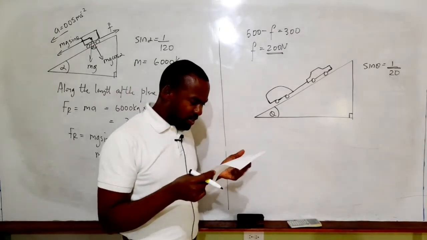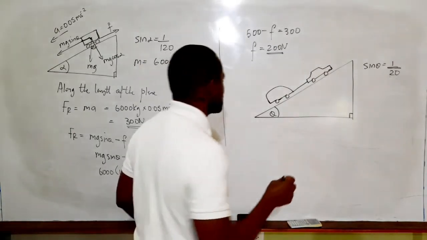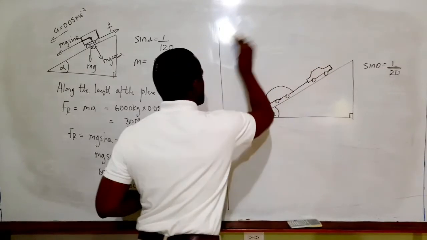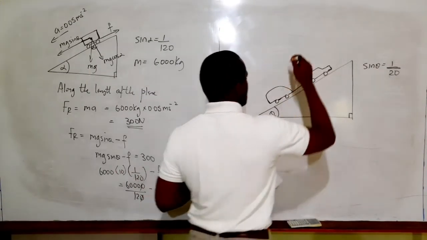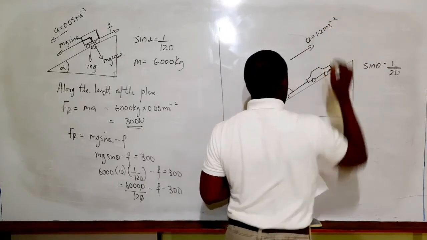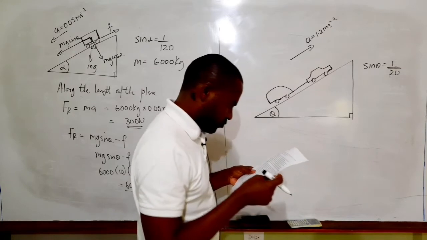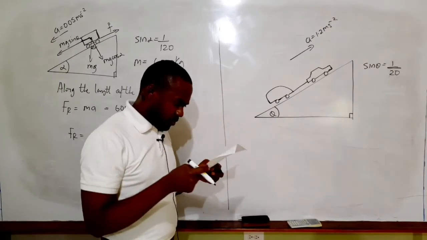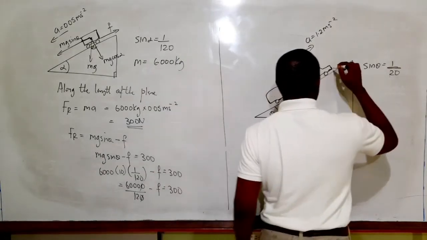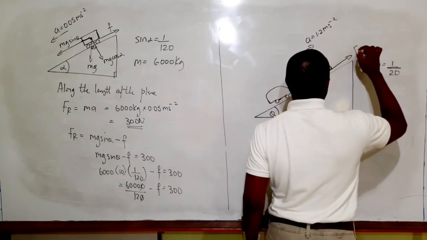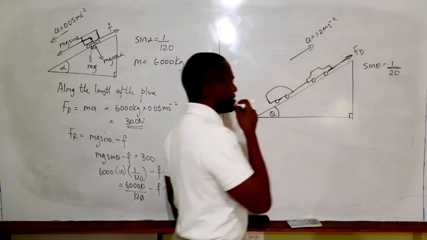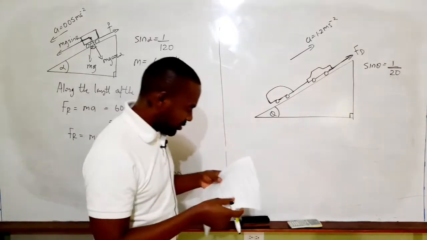So what are we told again? We're told the combination has an acceleration of 1.2 meters per second squared. So there is an acceleration up the slope, a equals 1.2 meters per second squared, right? Now, we're told that the engine of the car exerts a constant driving force. So we're going to call that driving force FD. Right? Now, what are the other forces acting on these bodies?